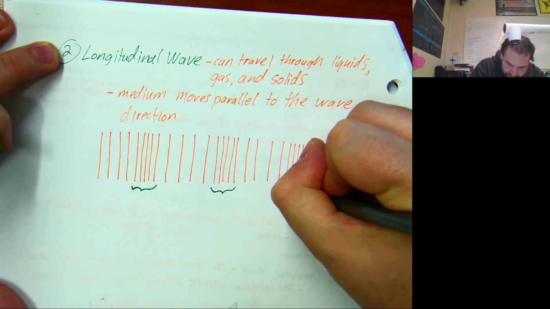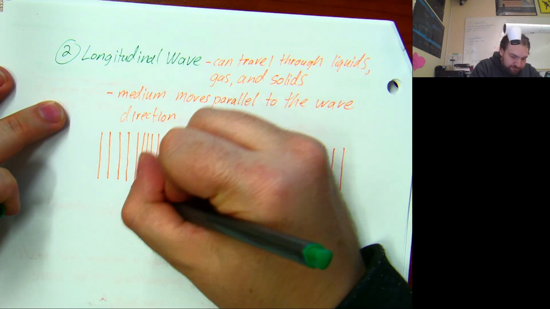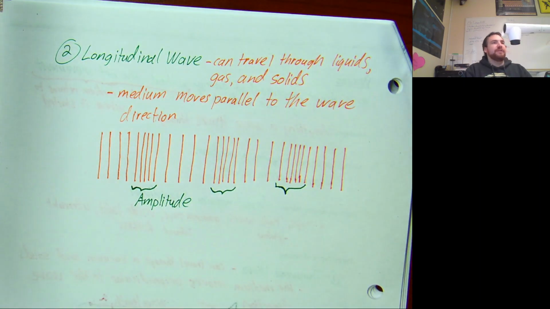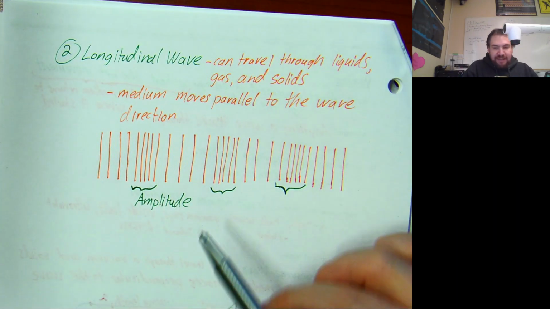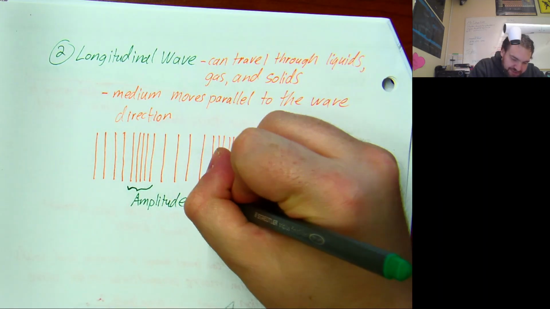That is how we talk about amplitude. It's a little bit more convoluted to think about these ones, just because they look so much different. The amplitude, instead of it being up and down, the distance from equilibrium, the amplitude on a longitudinal wave refers to the closeness of compression.